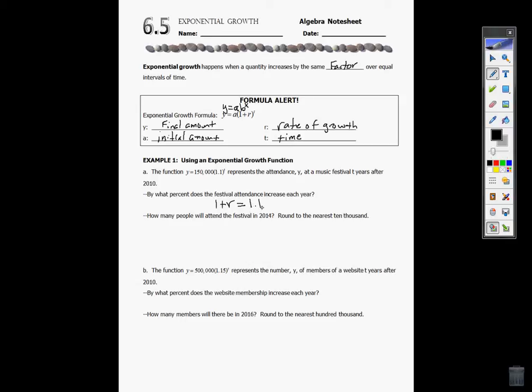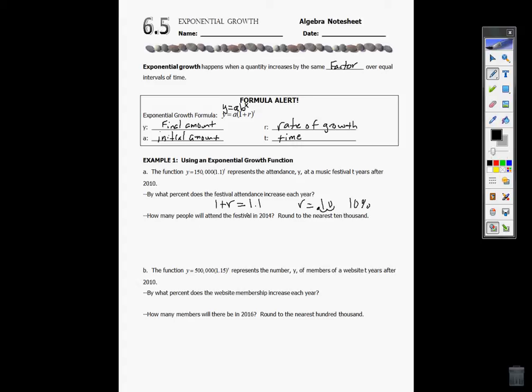That's where I'm getting that from. So if I were to solve this equation, I would subtract 1 on both sides, and r would equal 0.1. As a percentage, 0.1 is 10%. We move the decimal place over to the right 2 places to get the percentage out of 100.